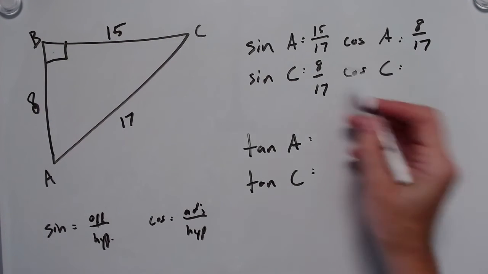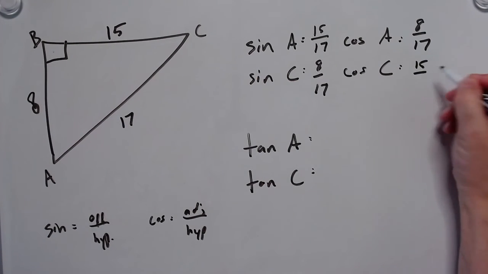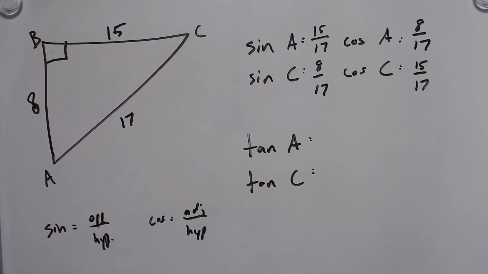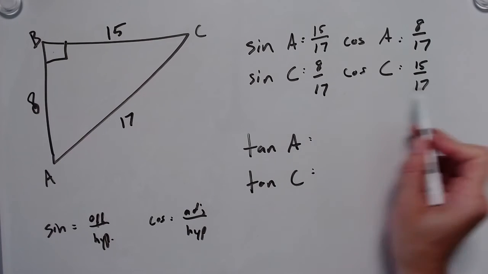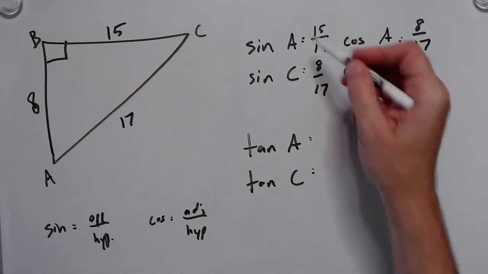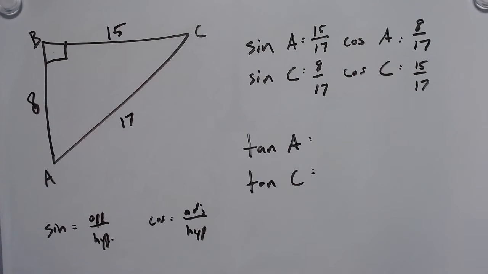And the cosine of C is the adjacent leg, 15 over the hypotenuse, 17. And like we saw on the slides, the sine of one and the cosine of the other are going to be equal. 15 over 17, 15 over 17. See how that happens? These are complementary angles to each other in this trigonometric world.